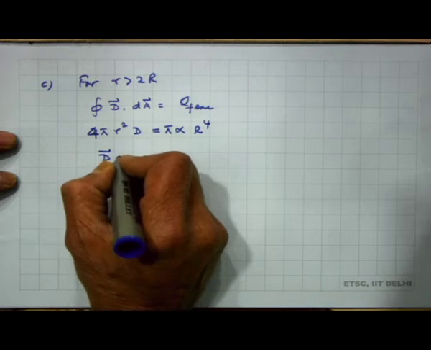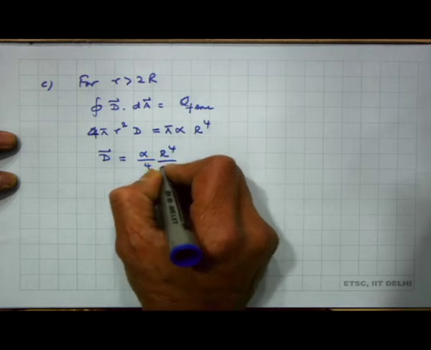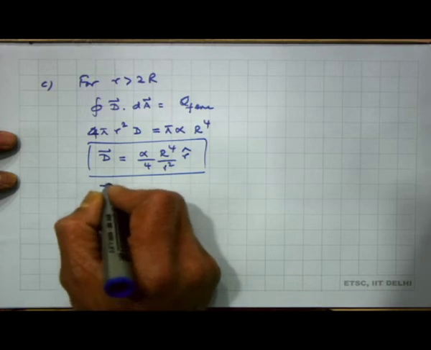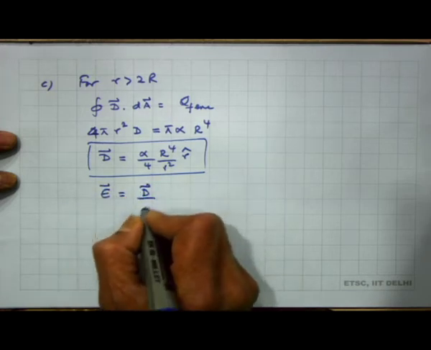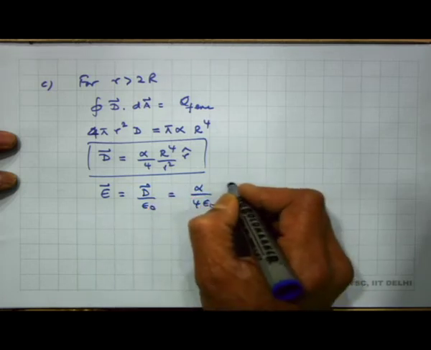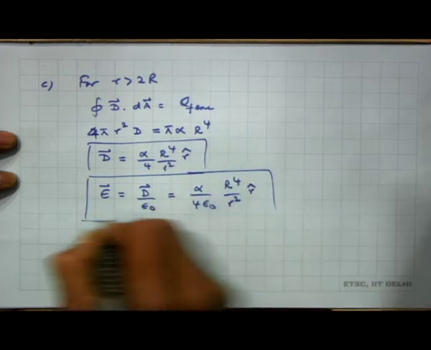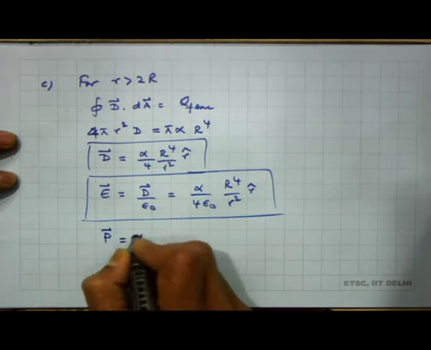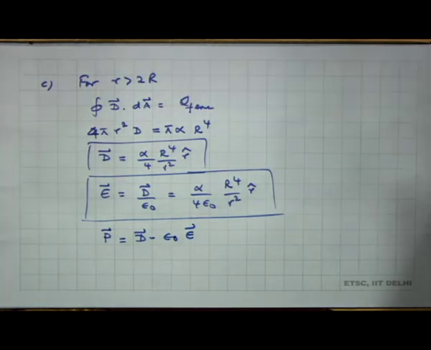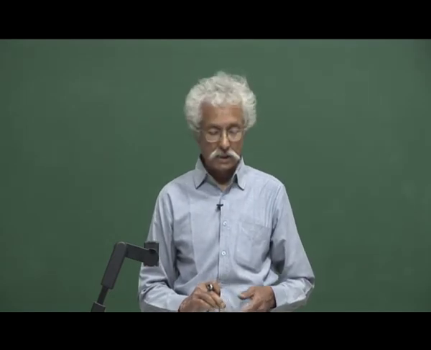So, D vector comes out to be equal to alpha by 4 r, 4 by r square into r cap, that is the D vector, and E vector, because it is free space, D vector by epsilon 0, which is equal to alpha by 4 epsilon 0 r, 4 by r square r cap, that is electric field, and P will be equal to D minus epsilon 0 E. Please find out what is the value of polarization outside, in the region beyond small r greater than 2r.